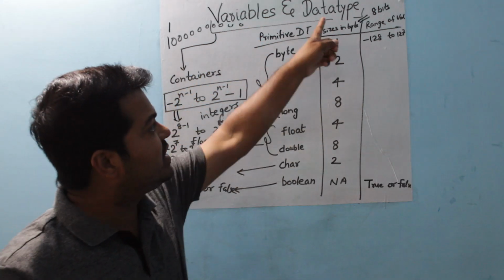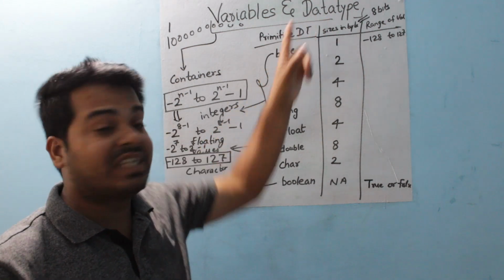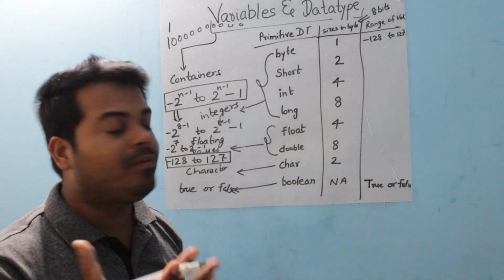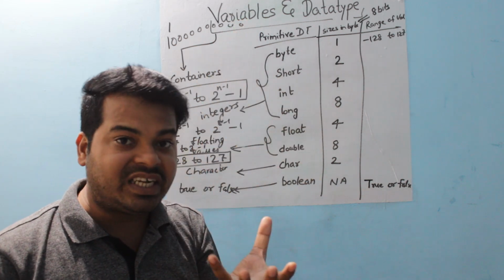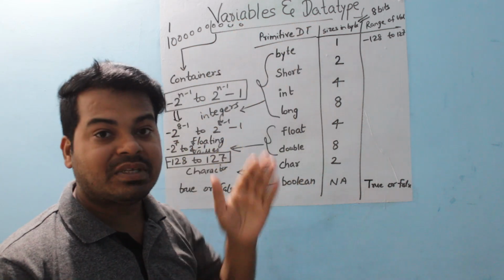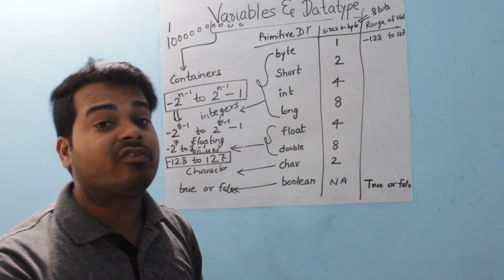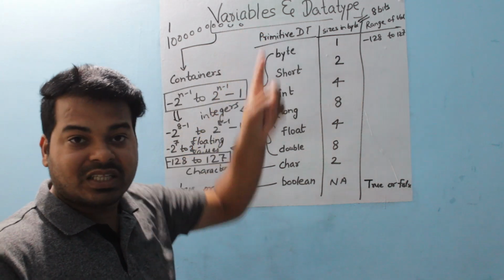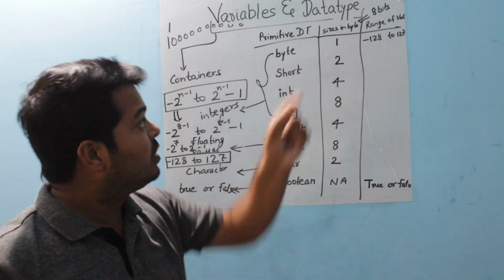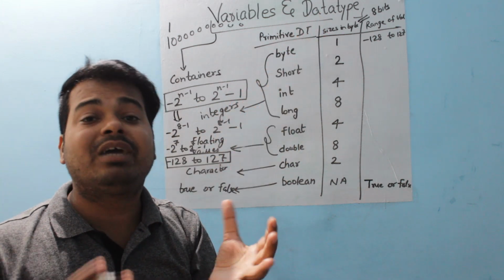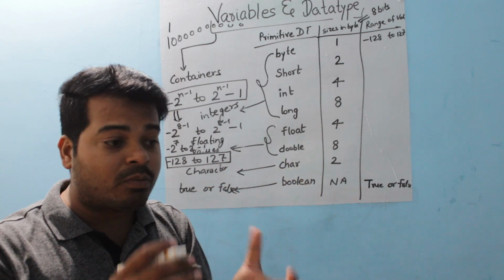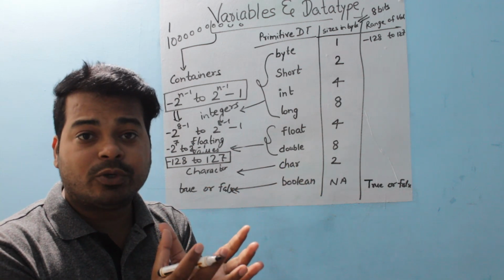It is always the data type which explains what type of data my variable can hold. Your variable is nothing but a container, and your data type is nothing but what kind of container. Your variable is a water bottle. Your data type will tell how big a water bottle you need, how small a water bottle you need.